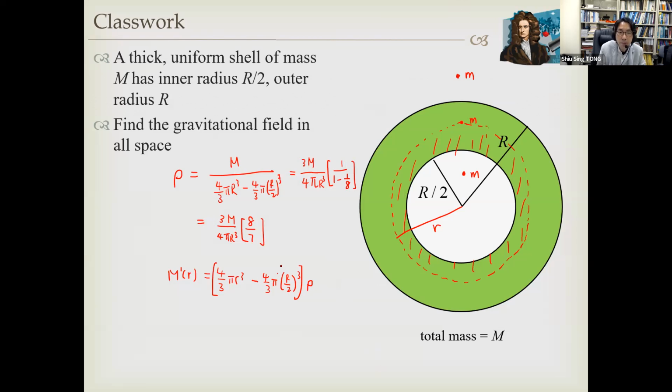Is that right? So I now have what? Let me extract a common factor. In the bracket, I have small r cubed over big R cubed, and here I have a factor of 1/8.